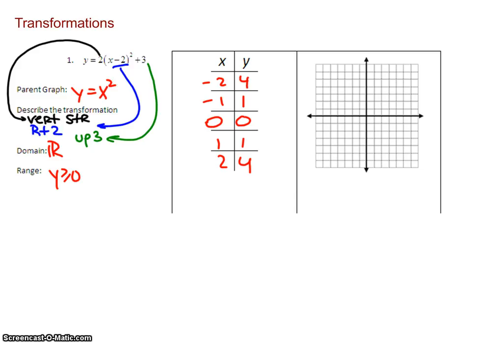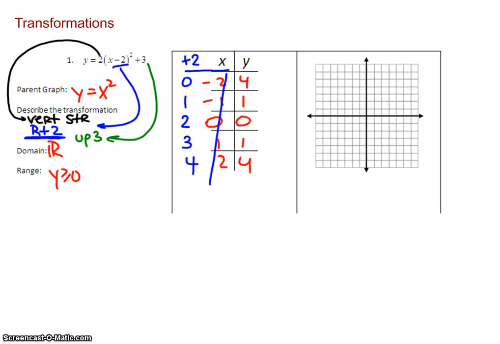Now, I'm going to start here because that's the only one that I have that involves the x. So again, opposite. So rather than minusing 2, what I'm going to do is add 2 to everybody. Now, the 2 on the outside, the vertical stretch, and the 3 both affect the y. How do I know which one to deal with first?